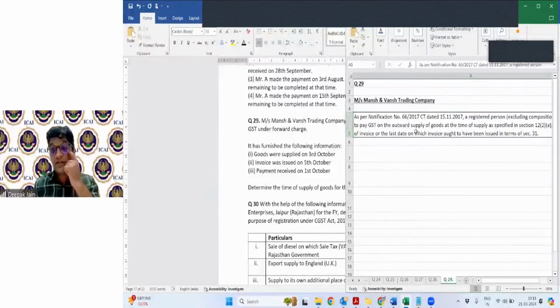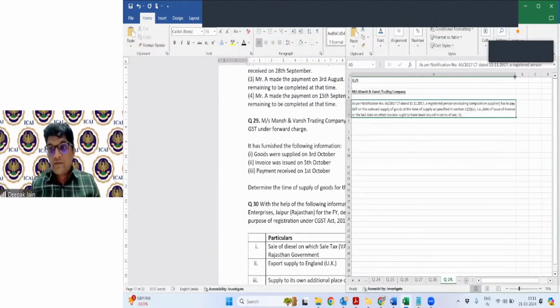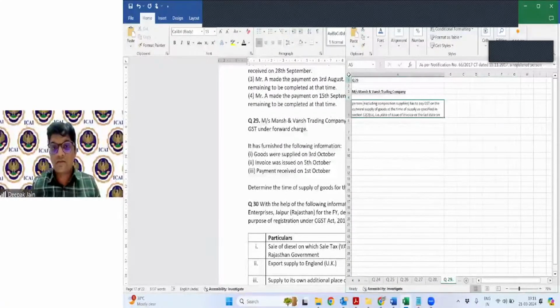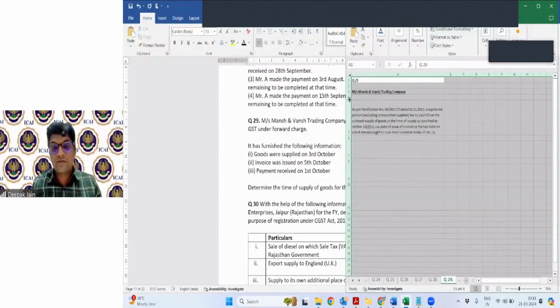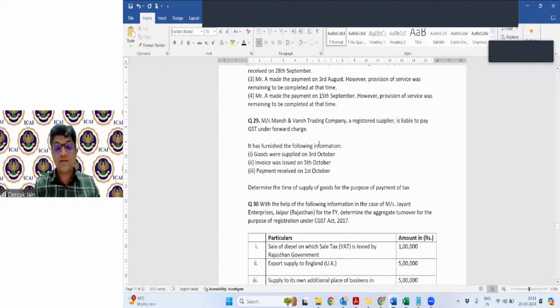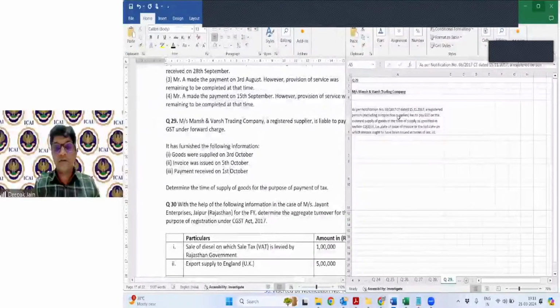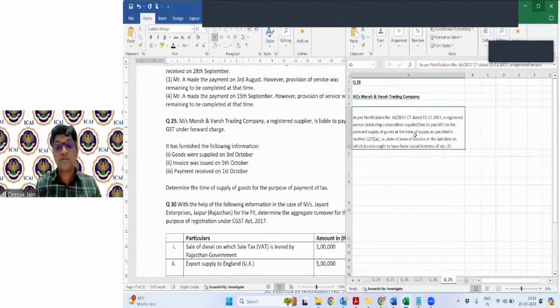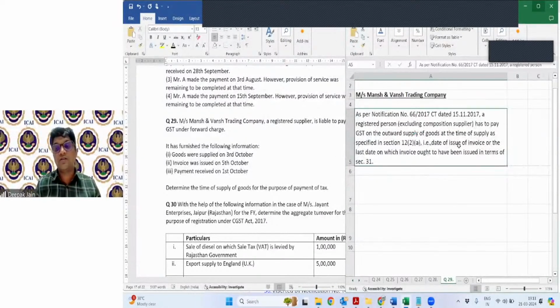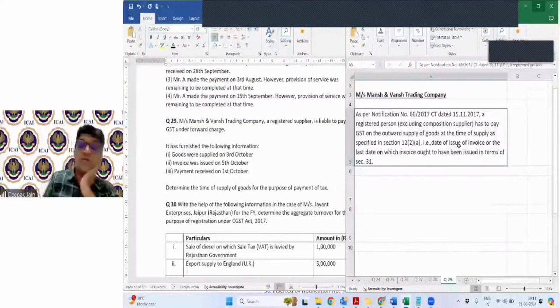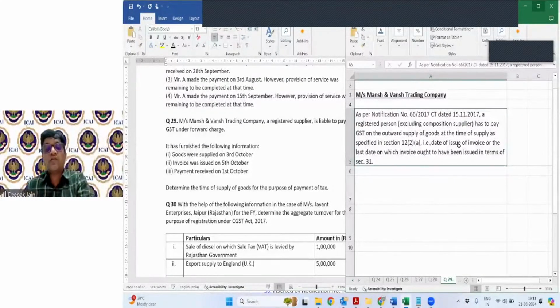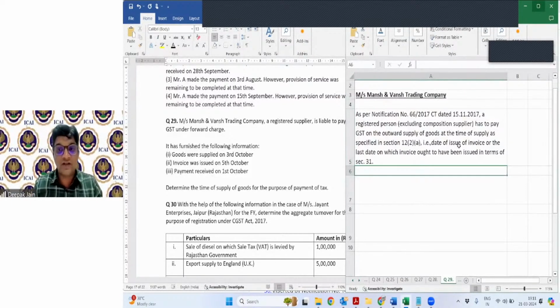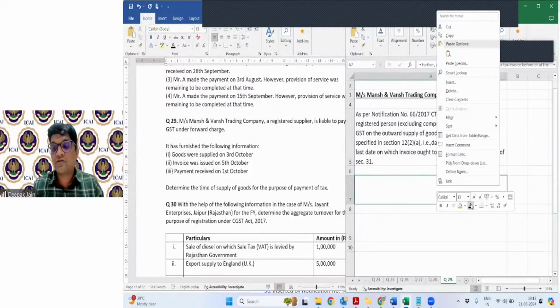As per notification number 66, which we had discussed, a registered person excluding composition supply has to pay GST on the outward supply at the time of supply as specified under 12(2)(a), that is date of issue of invoice or the last day on which invoice ought to be issued in terms of section 31, which means time of supply will not be the criteria for supply of goods.